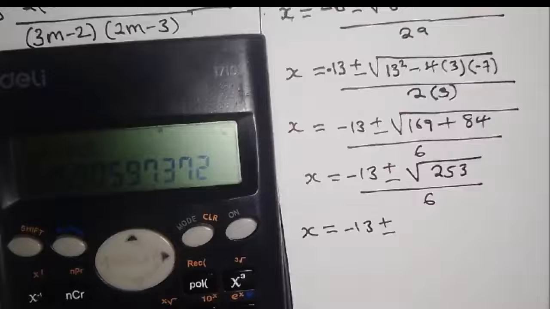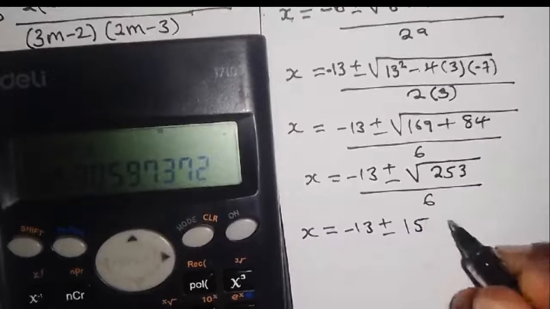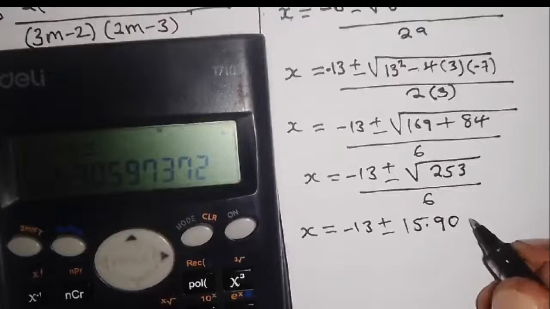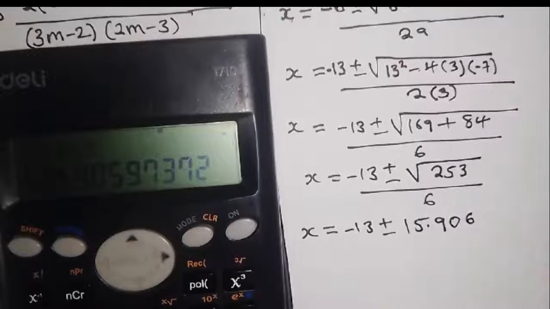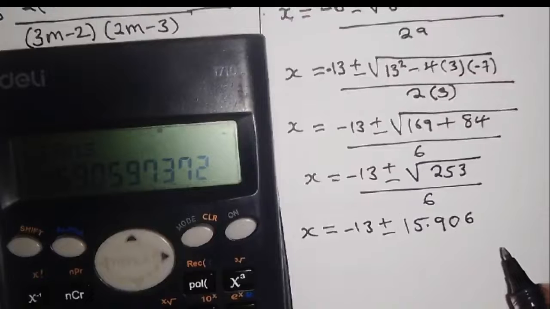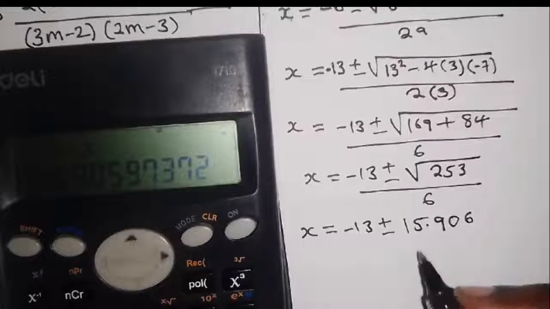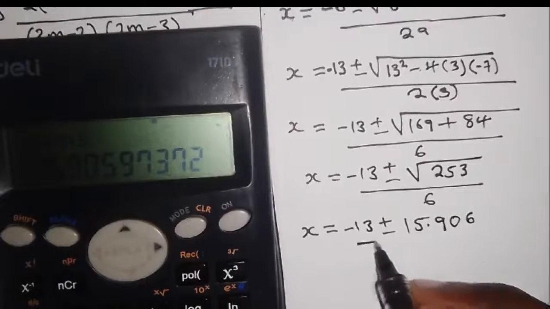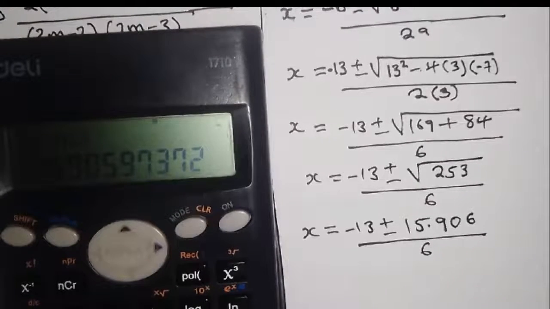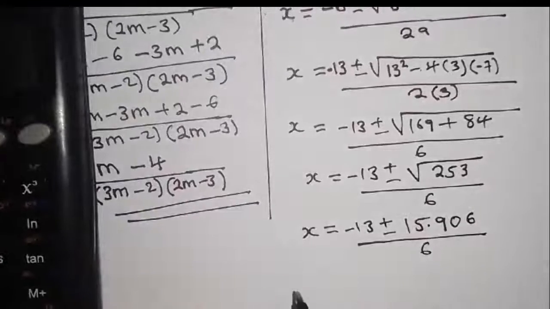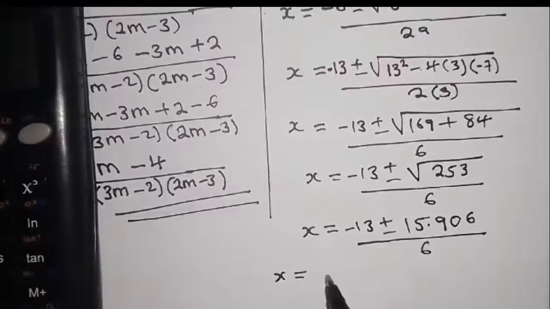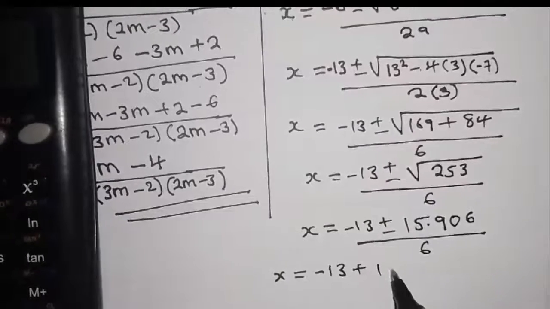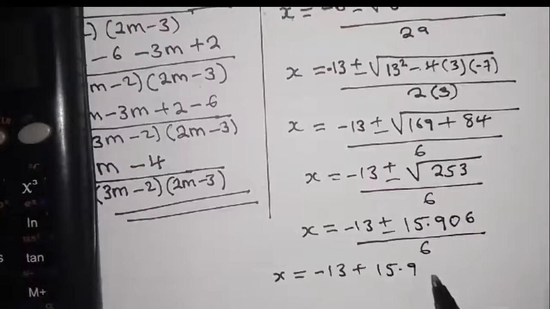So I'll just round off to 3 decimal places. So this is going to be 15.906, okay. Of course, it is not advisable to round off at this point, but you have to make sure that you are careful in the final exam. Just copy the entire answer. And then from there, what you do is you say negative 13 plus this answer.